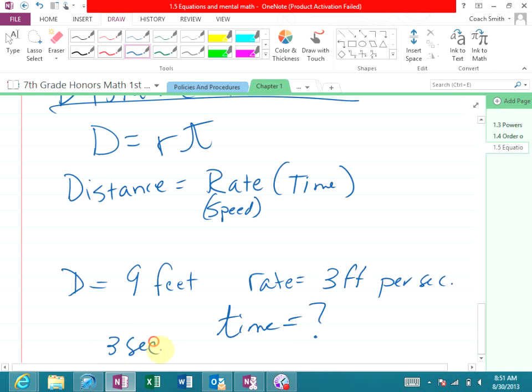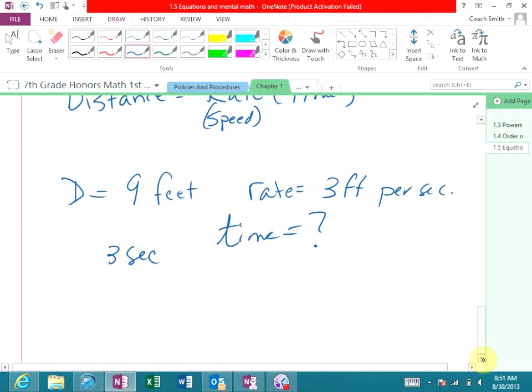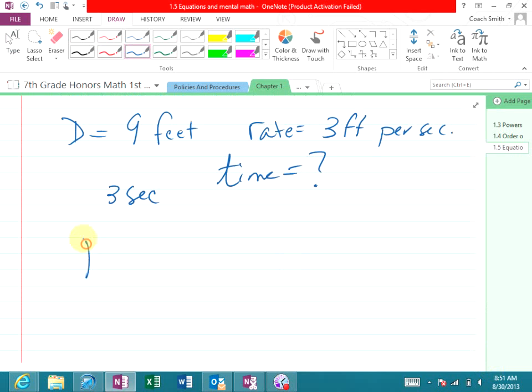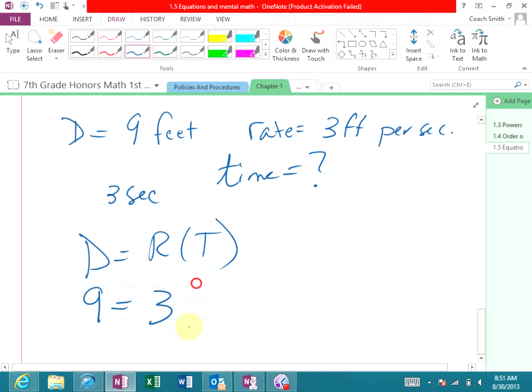Now, as we look at this, this is how you would solve that problem. Use your formula. D is equal to R times T. Well, our distance is 9, our rate is 3, and we want to know time. Okay? So we solve that mentally. We say 3 times what is equal to 9? Well, it's 3. Okay?